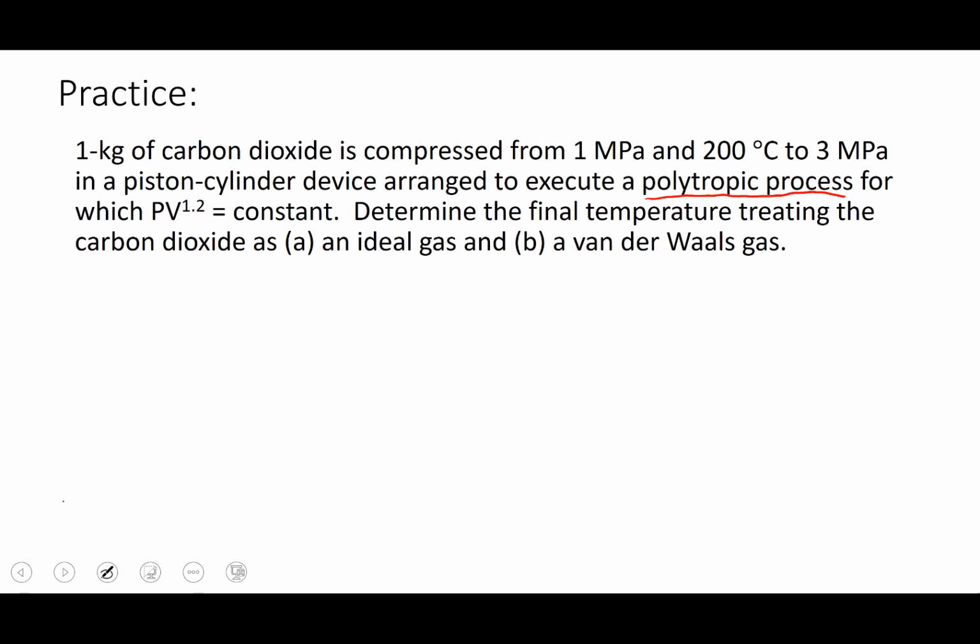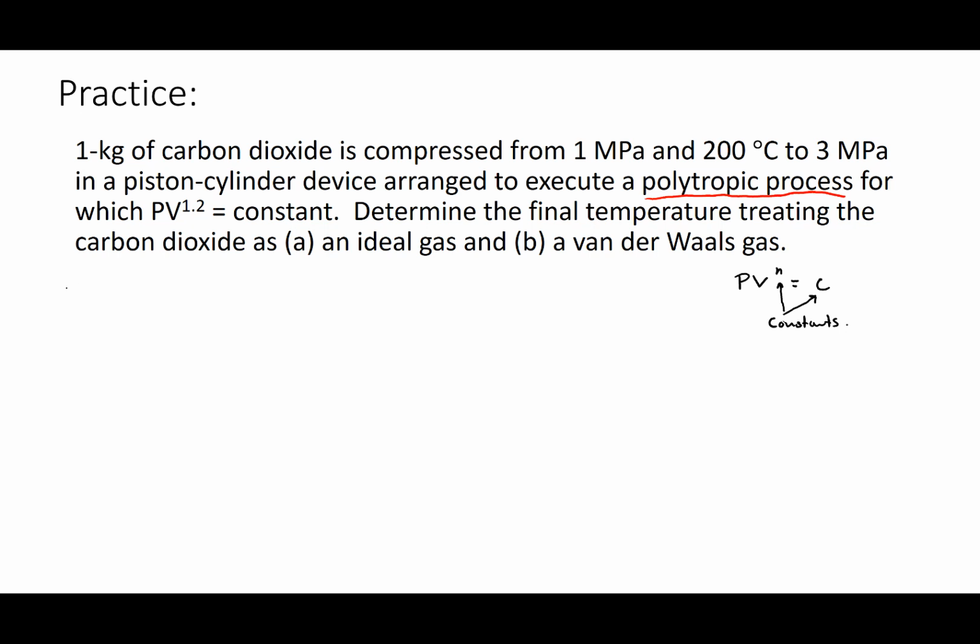Basically a polytropic process is a process where the pressure and volume of a gas have the following relation: PV to the n equals C, where n and C are both constants. If a gas can be modeled using this relation, then it's a polytropic process.